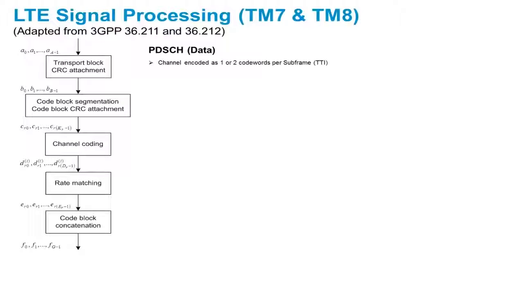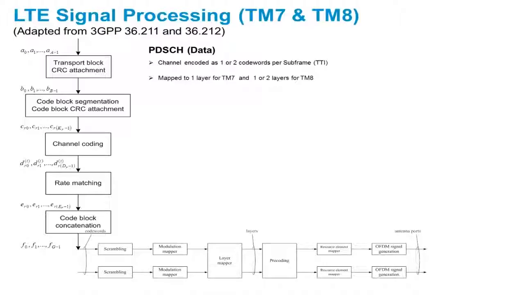As with other transmission modes, the PDSCH data transport block information is channel encoded and rate matching applied, producing either one or two code words which are then mapped onto layers. But note that for transmission modes 7 and 8, the pre-coding block is non-codebook based, and so it is left up to the base station to determine the optimum beamforming precoding to apply.